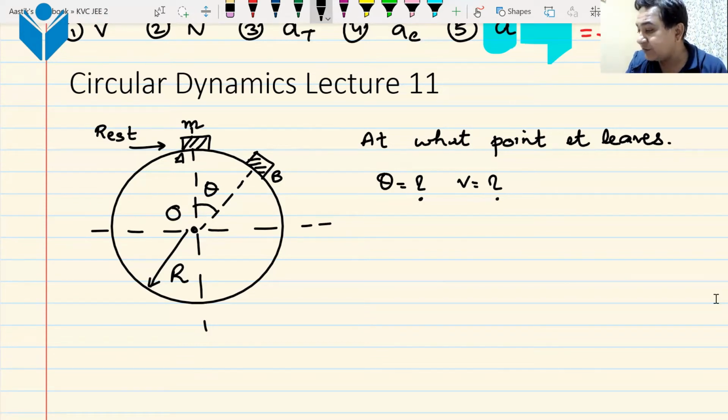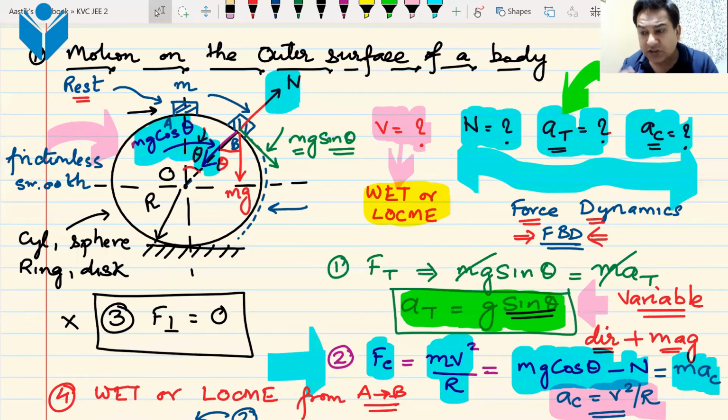What is that thing that we add in this motion? I hope everyone is following me. As you can see, the question that we are doing right now is at what point the body leaves.